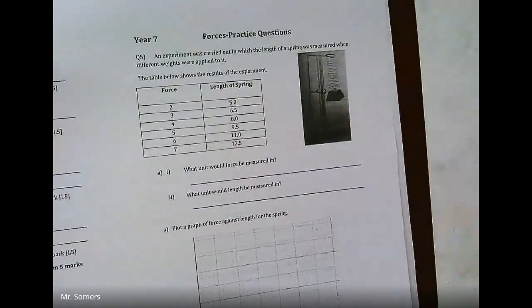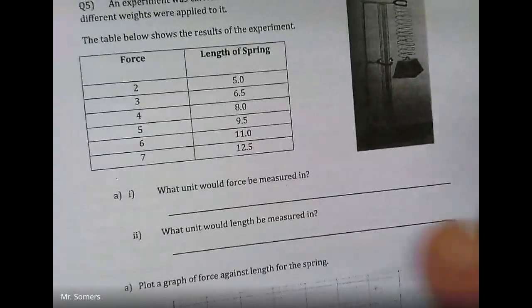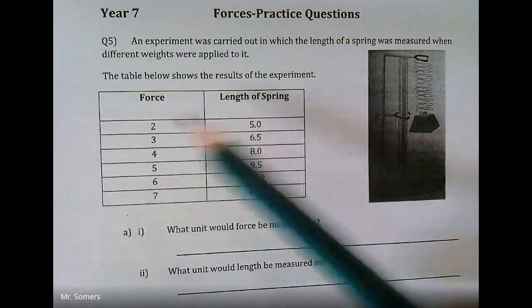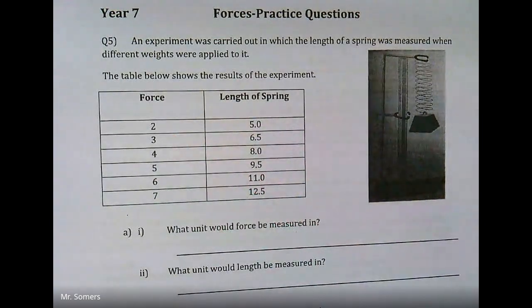So here's a Year 7 question. This is actually a classic experiment where we take different masses, and they will have different forces, which you can see here, called weight. And we're going to look to see how far a spring gets pulled as a consequence.